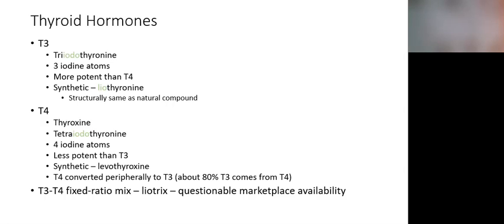The drug Synthroid, or levothyroxine, is T4, a synthetic thyroxine, which is equal to the natural hormone T4. There are some combinations of T3 and T4, such as liotrix, and they may have been withdrawn from the market by the FDA.